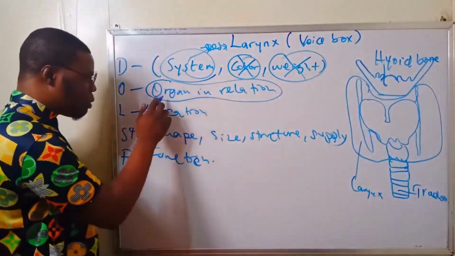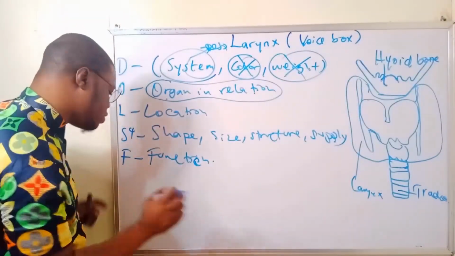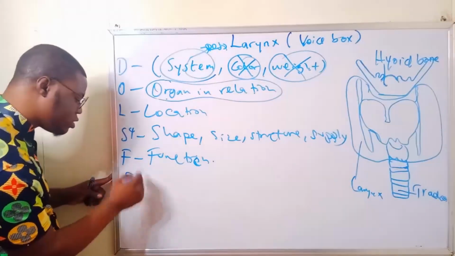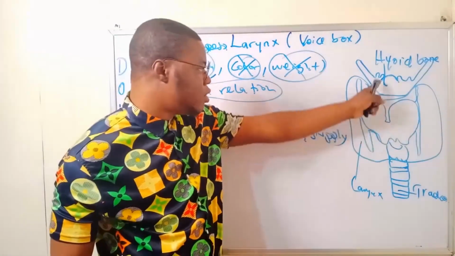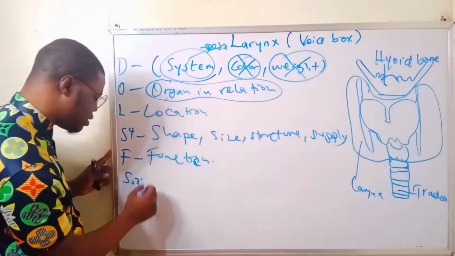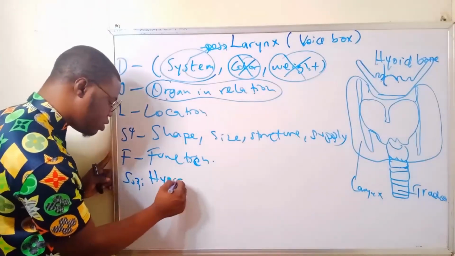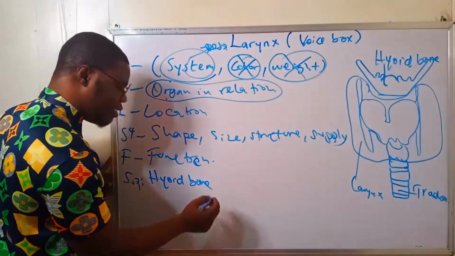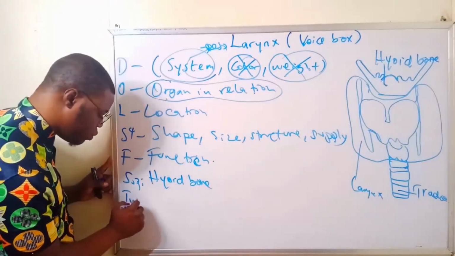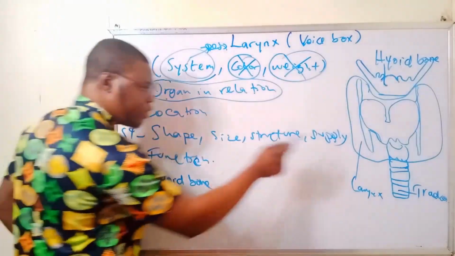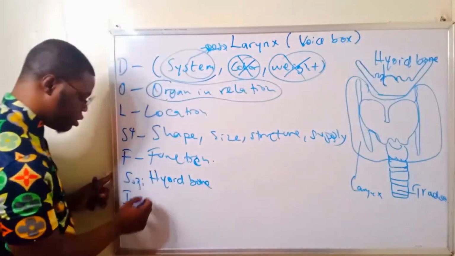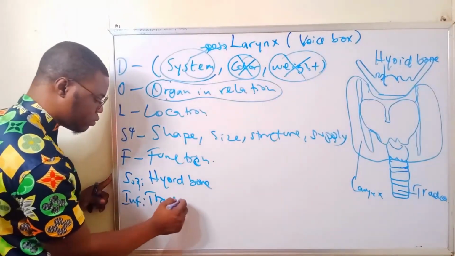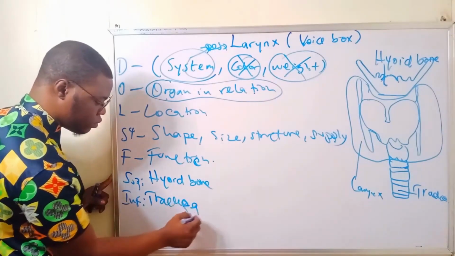Now let's talk about organ in relation. Superiorly to the larynx, what do you have? You have the hyoid bone. So the hyoid bone is on top of the larynx. And inferiorly means below. So inferiorly is this structure called the trachea.